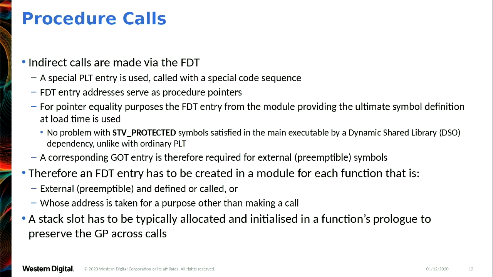The address of the FDT entry will be the pointer to the procedure, which will be used for pointer equality purposes as well, which solves the problem with protected symbols, where the protected symbol is always resolved locally but is also exported. So if another module requires this, it will be pulled from this one, but it will never be preempted.